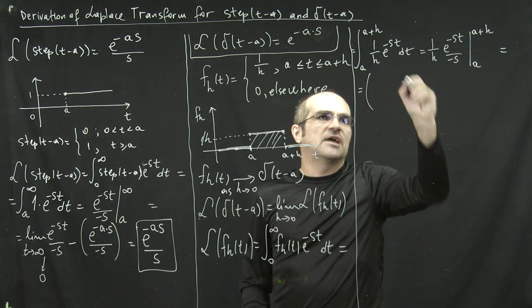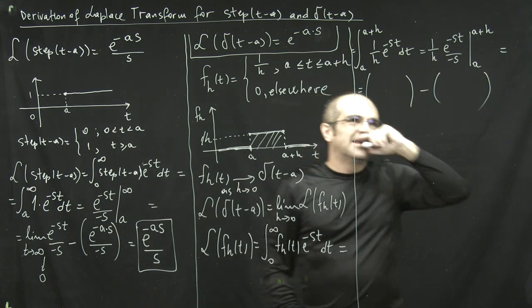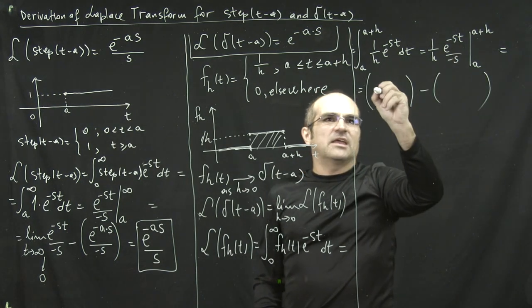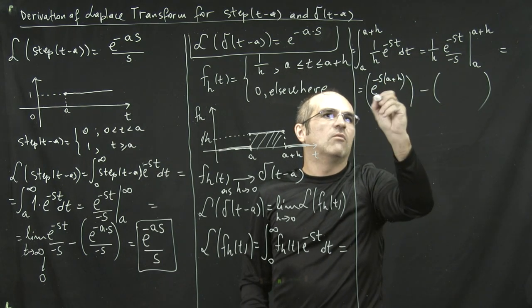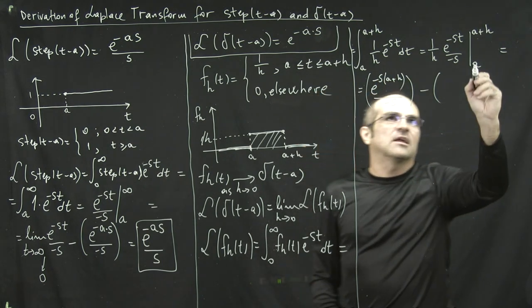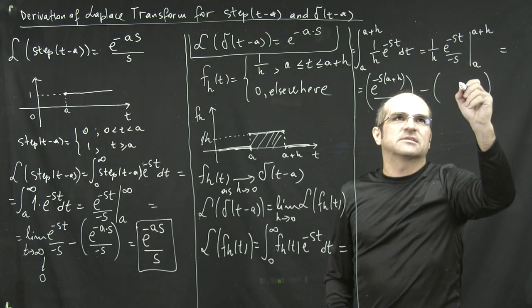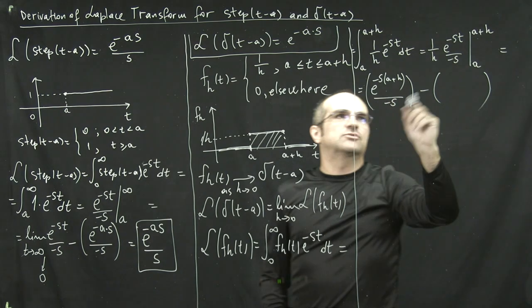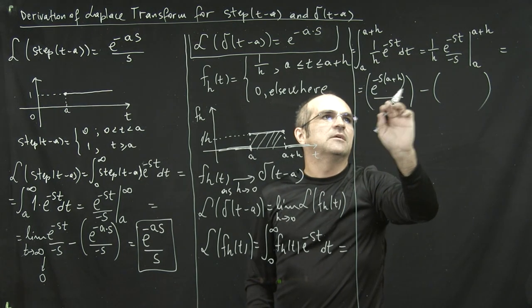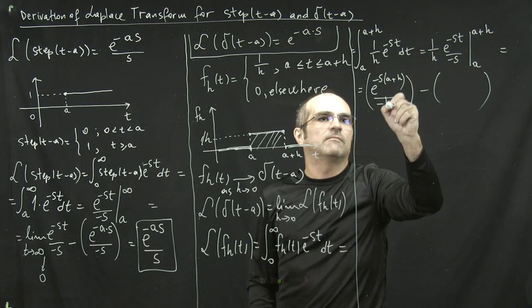Okay, so let's do this carefully. When I plug in a plus h, I get e to the minus s quantity a plus h over minus s, and I forgot the h here, so the denominator is minus hs.